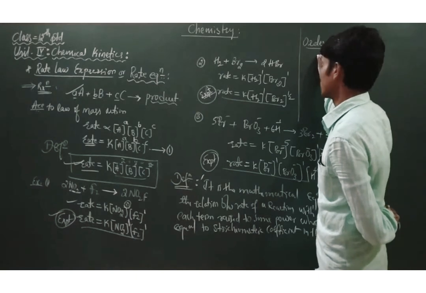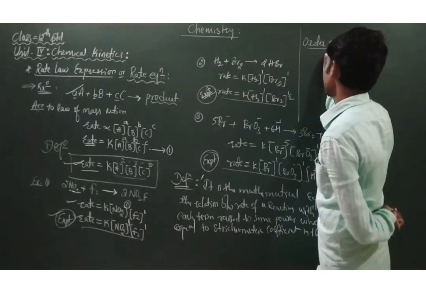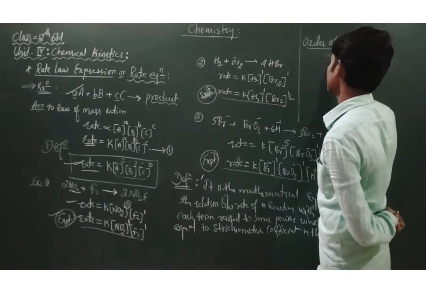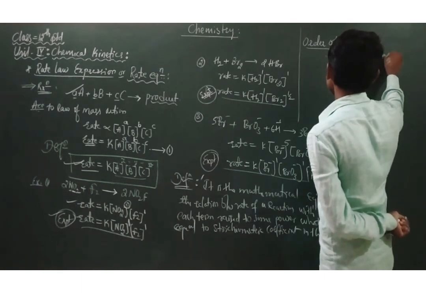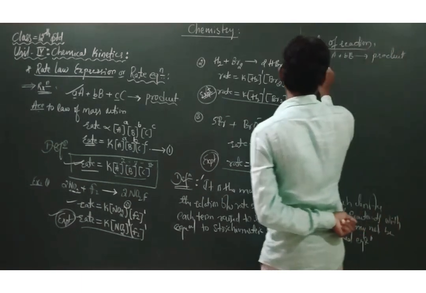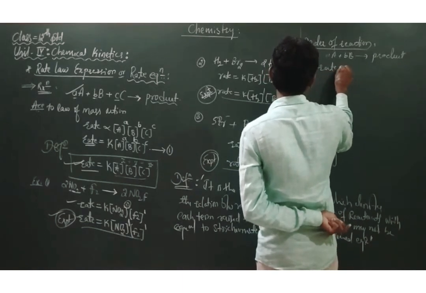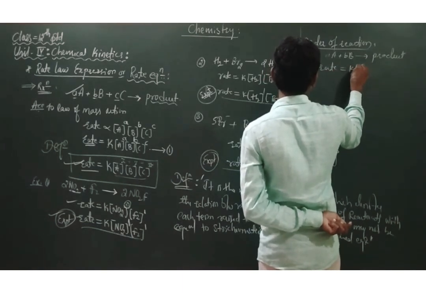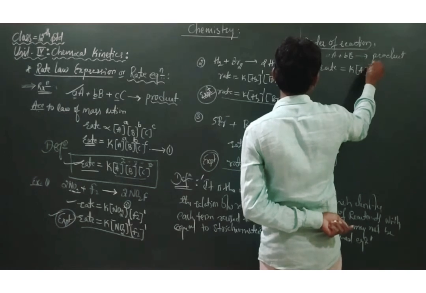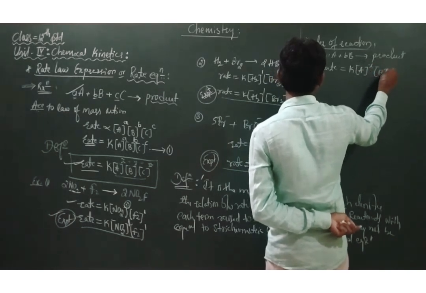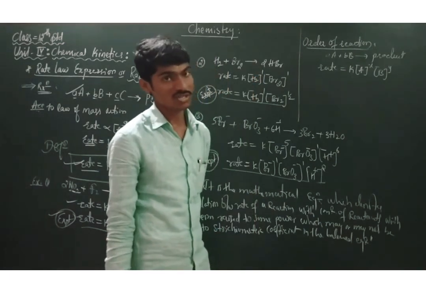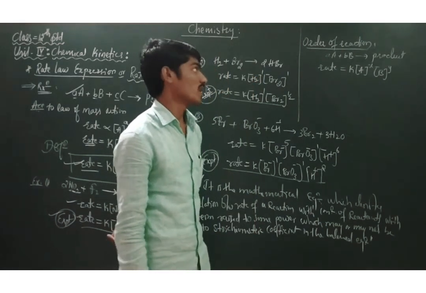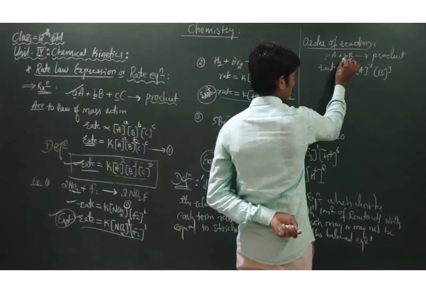इसका definition, one more time I am writing that for a hypothetical reaction: a moles of A plus b moles of B gives rise to the product. एक reaction है, A reaction का rate is equal to K into concentration of A to the power x into concentration of B to the power y. x and y are the stoichiometric coefficients of A and B, which may or may not be equal to small a and b.